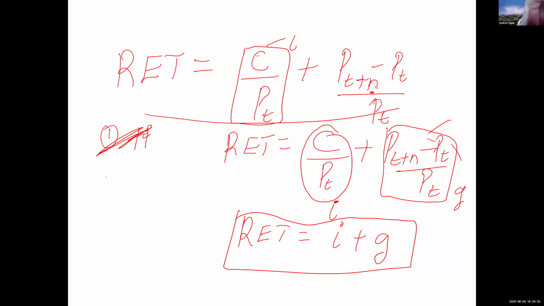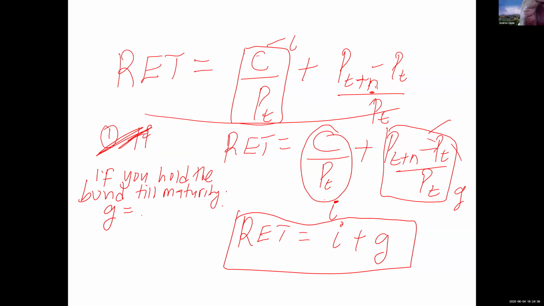So if you hold the bond till maturity, G is going to be 0. That means the return on this bond investment is all going to be equal to the guaranteed interest rate on the bond.